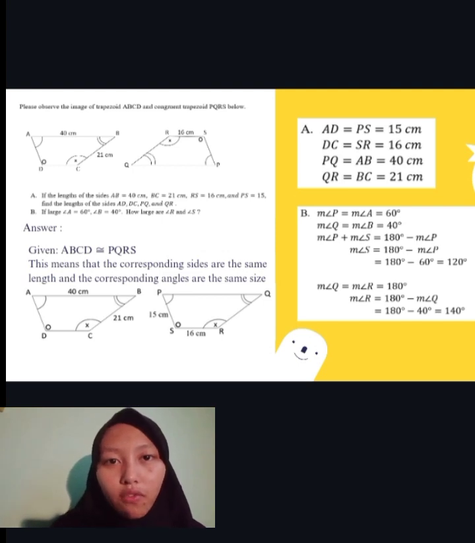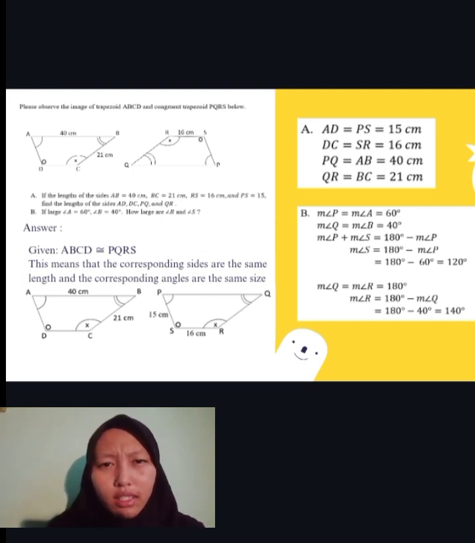Next, for the length of the DC side, the DC position corresponds to the SR or RS position, so we can write that DC equals SR. In the problem, SR has a length of 16 centimeters. This means that the side DC is equal to 16 centimeters.